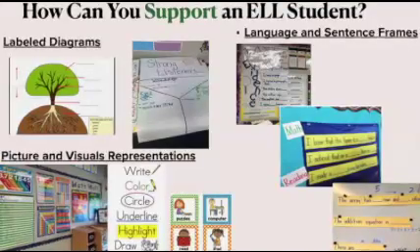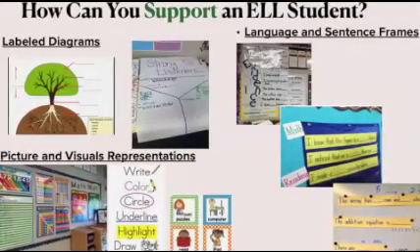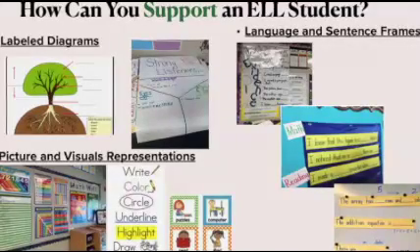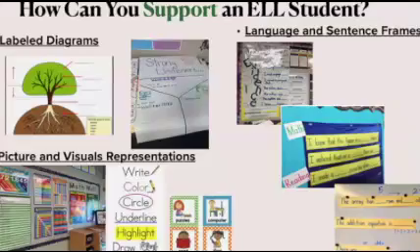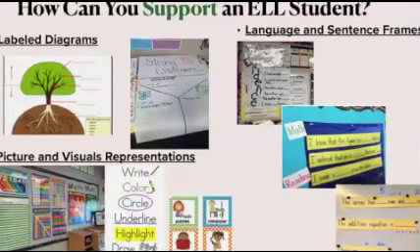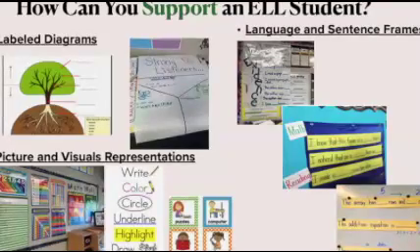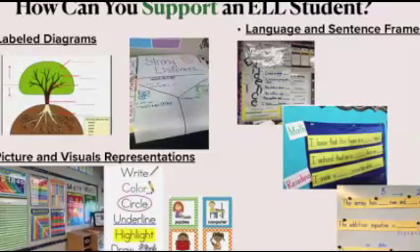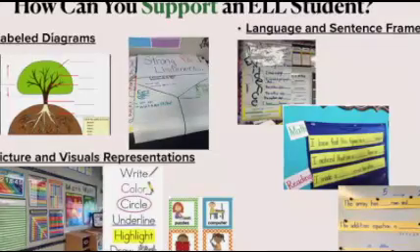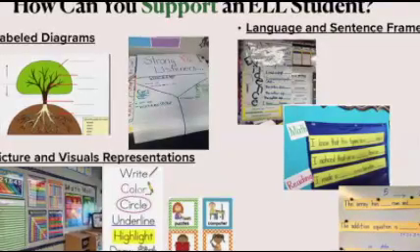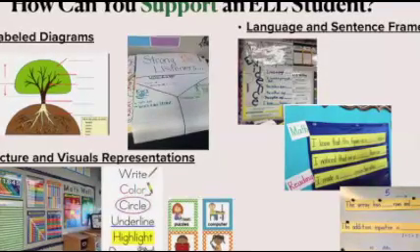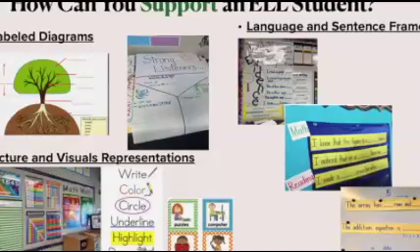For example, if you use a worksheet, you can include those words, and that way ELL students are able to identify when you want them to color or when you want them to circle. They're able to put two and two together, and you can also use it in this third picture next to it for labels around the classroom, so the students can know what is what. It serves as an indicator for the students since they're learning the language.